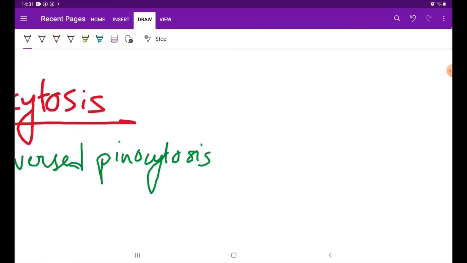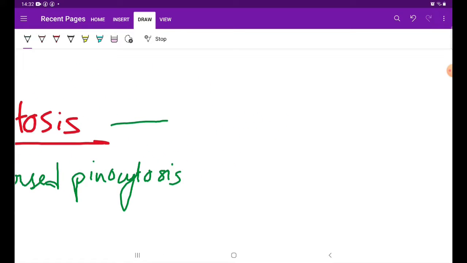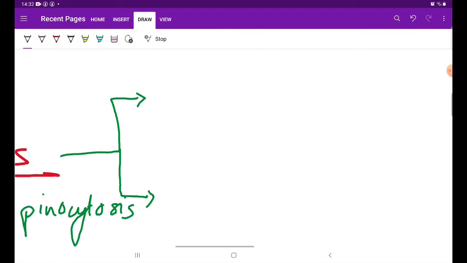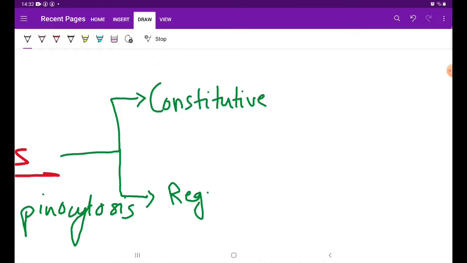And exocytosis can be divided into, again, two types. One is constitutive exocytosis, and the other is regulated exocytosis.